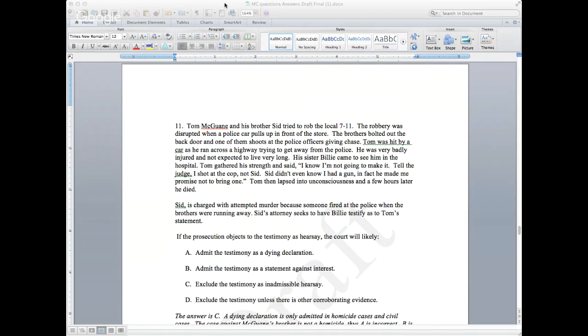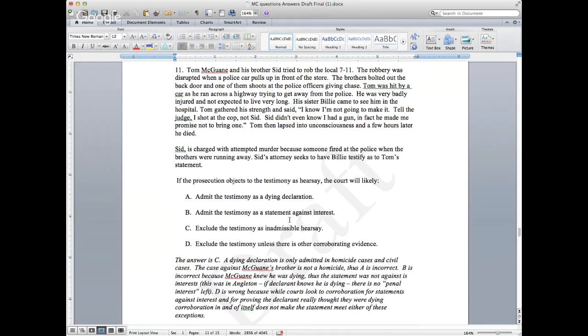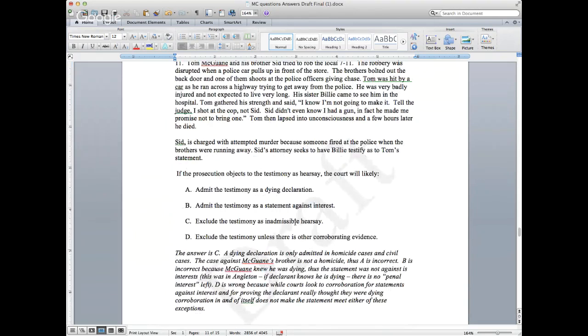So let's just look at the professor's answer choice here to save us some time. She's saying the correct answer is to exclude this testimony as inadmissible hearsay. Why? Because dying declarations are only admitted in homicide cases and civil cases. This is a dying declaration, but this is not a homicide case.